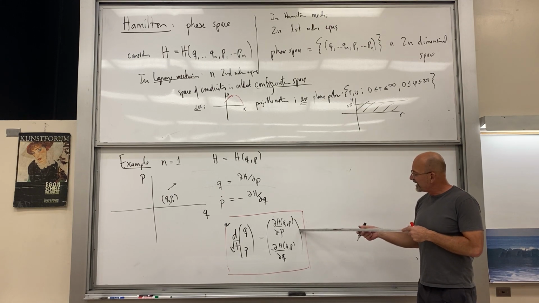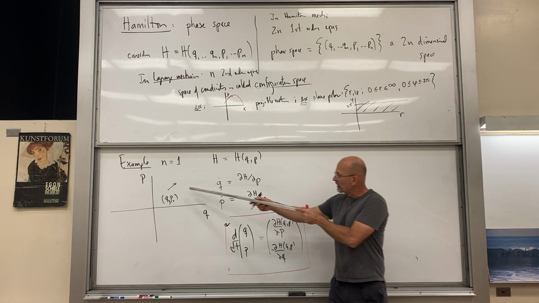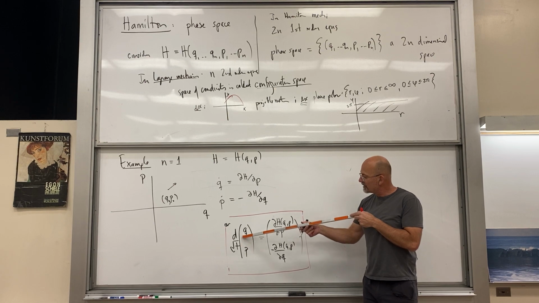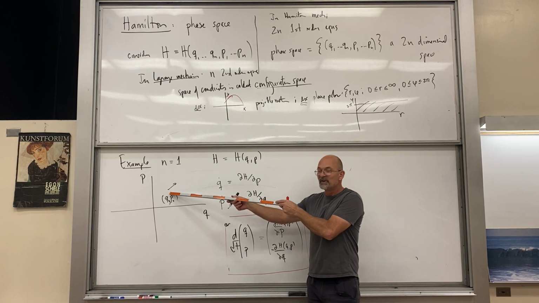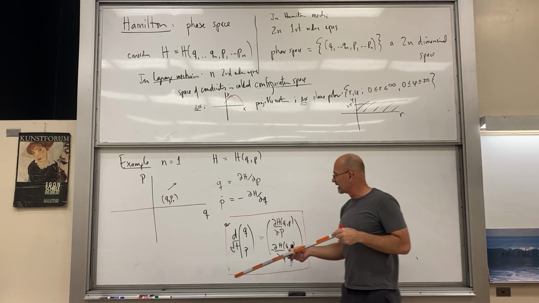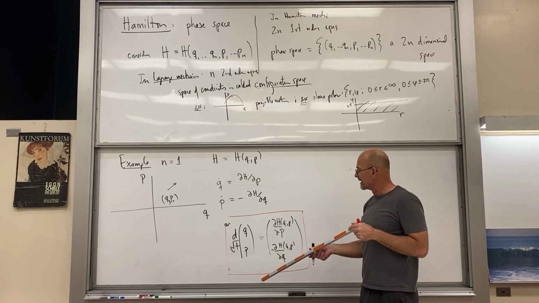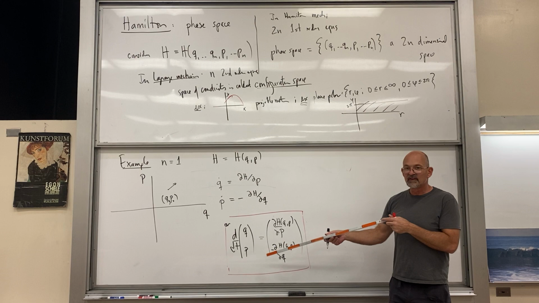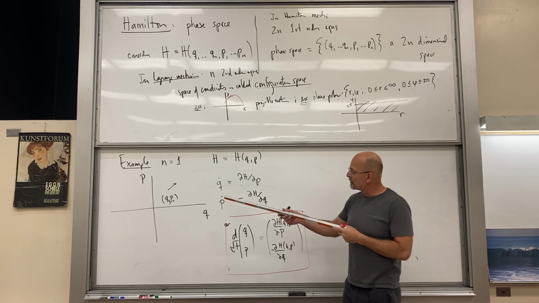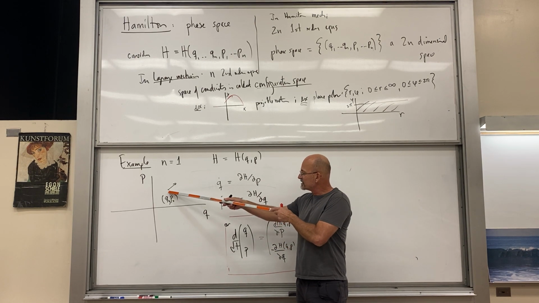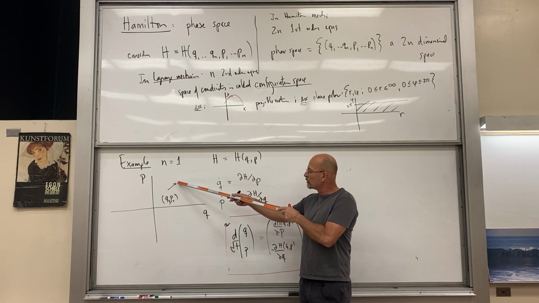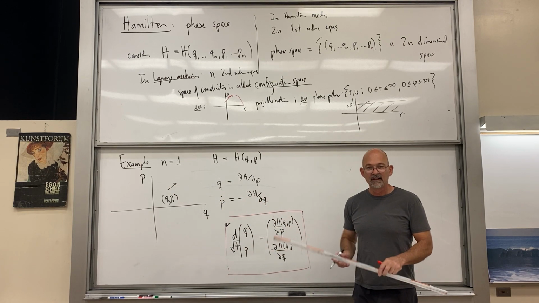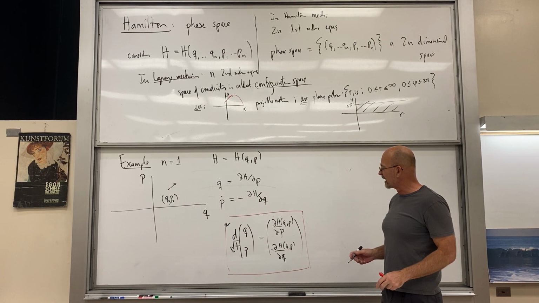On the other hand, what is that arrow there? That's the time derivative of that position in phase space, okay? But the time derivative of position is a velocity. So it is a sort of velocity vector in phase space. That means this arrow is telling us where the trajectory is directed, okay?